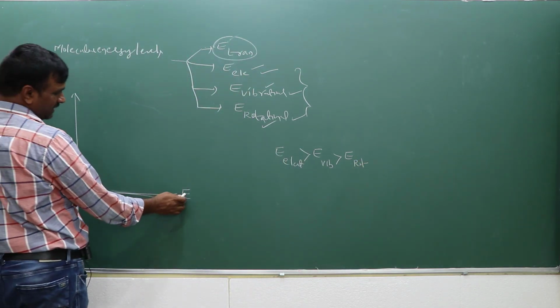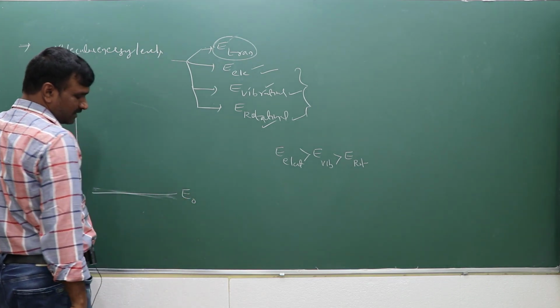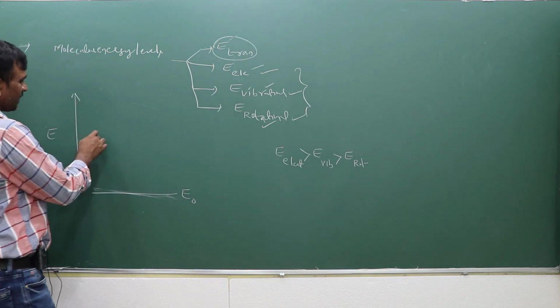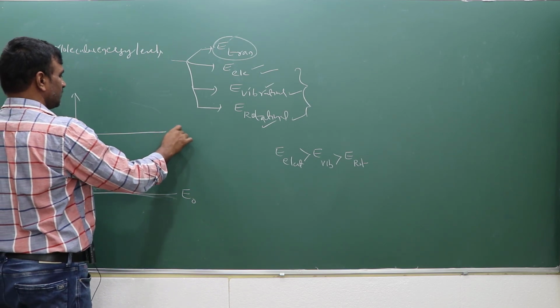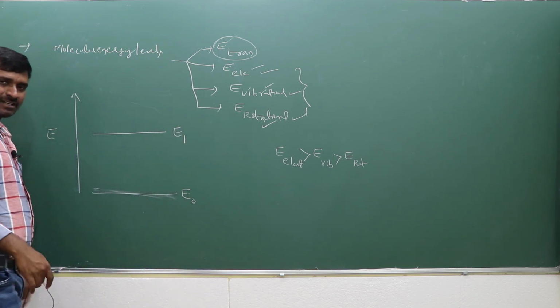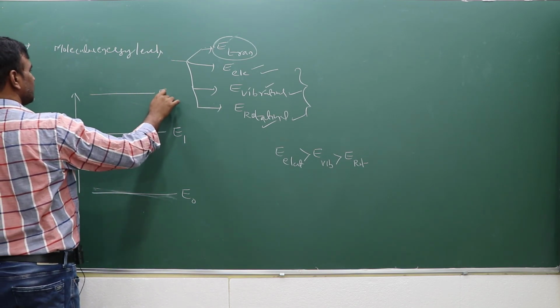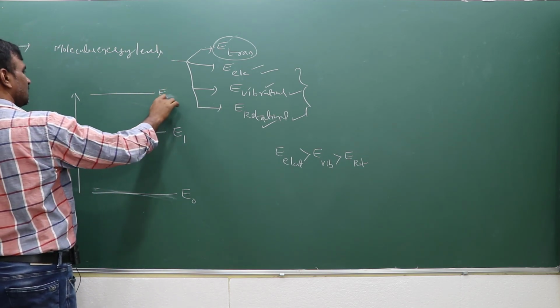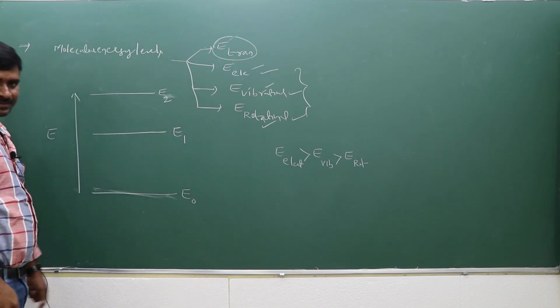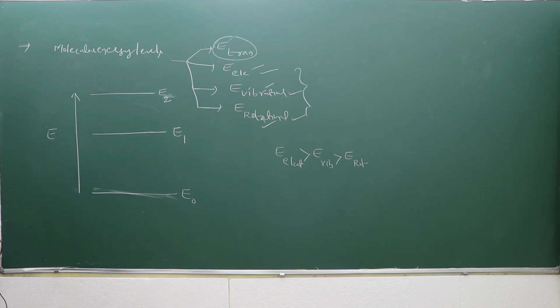Suppose this is an electronic energy level: E0 is the electronic energy level of the ground state, E1 is the first excited electronic energy level, and E2 is the second excited electronic energy level, and so on, depending upon that energy.